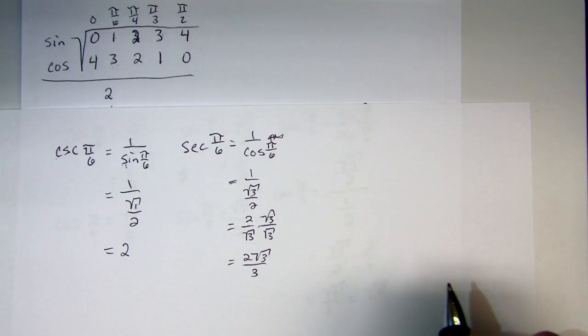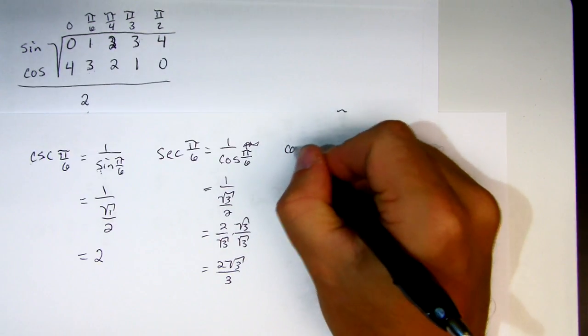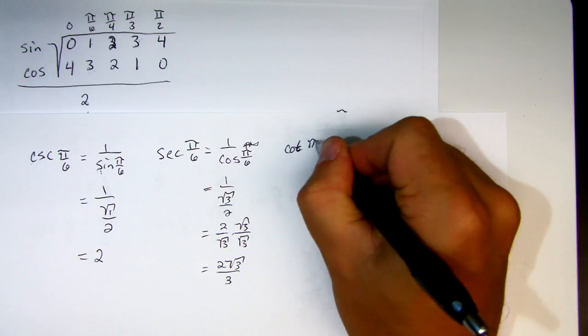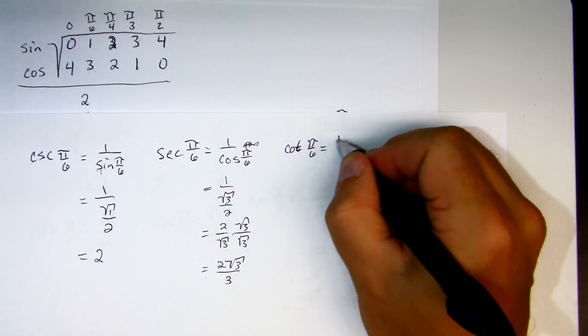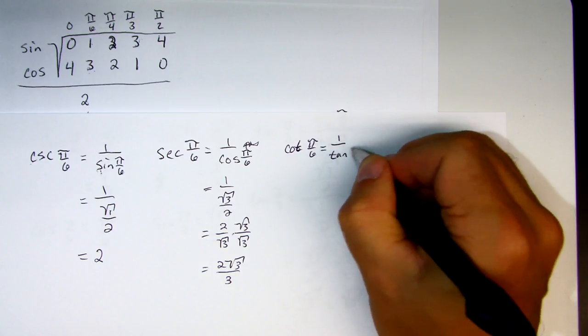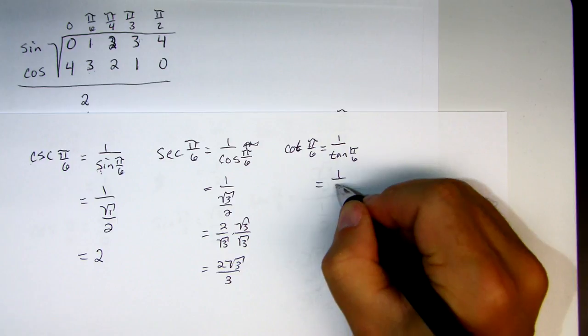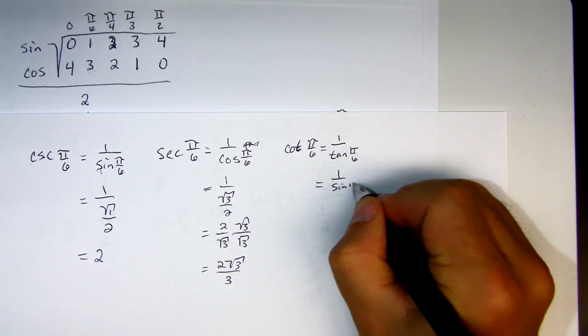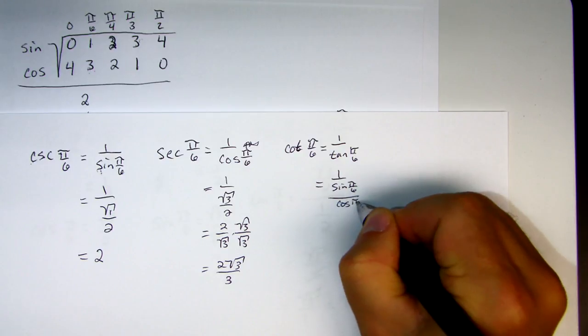Okay. Let's try cotangent. So cotangent of pi over 6 is equal to, we said this was 1 over tangent of pi over 6. But tangent is sine of pi over 6 over cosine of pi over 6.